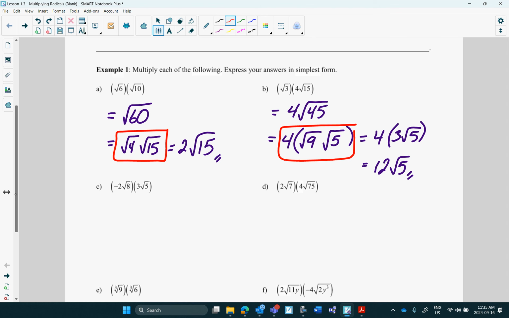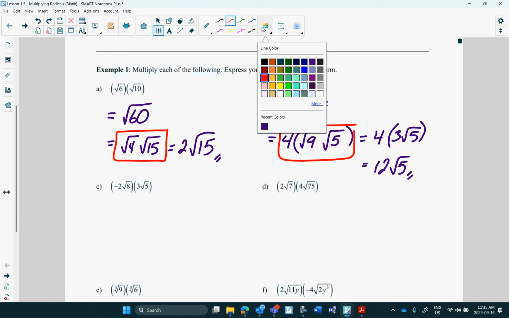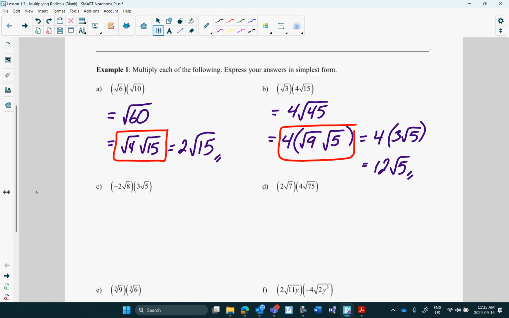Okay, C. When I initially multiply, I get -6 root 40. Go ahead and simplify that, because it can be. I won't do it yet.